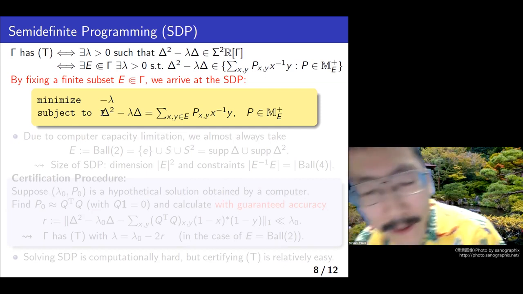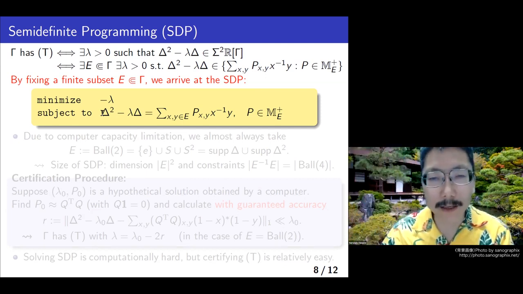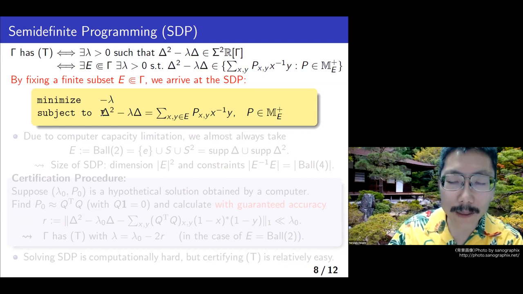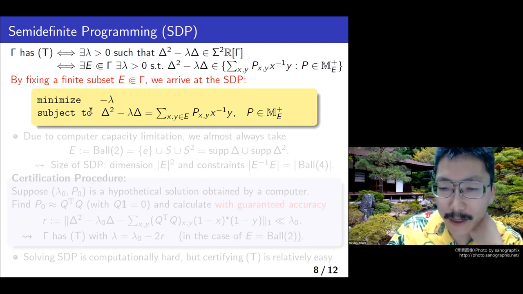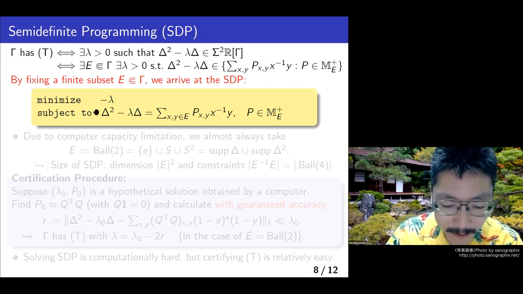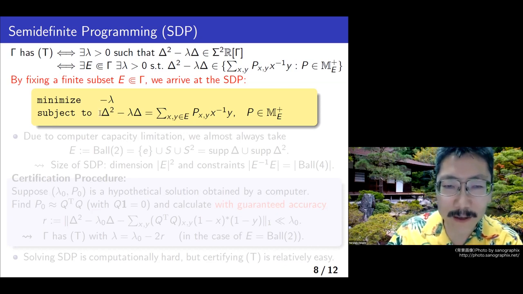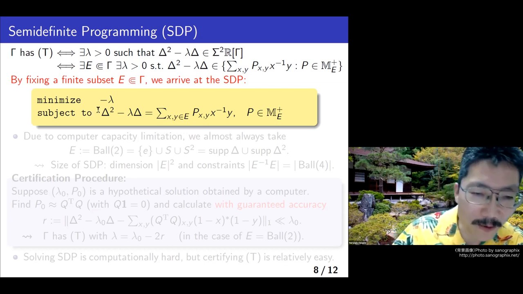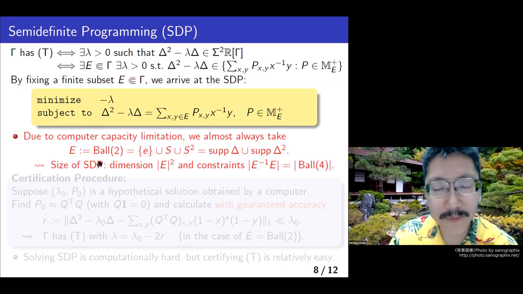So property T is undecidable, but only semi-decidable. If it has property T, the computer eventually tells you it has property T. But eventually means if the computer has infinitely much memory and infinitely strong machine power.